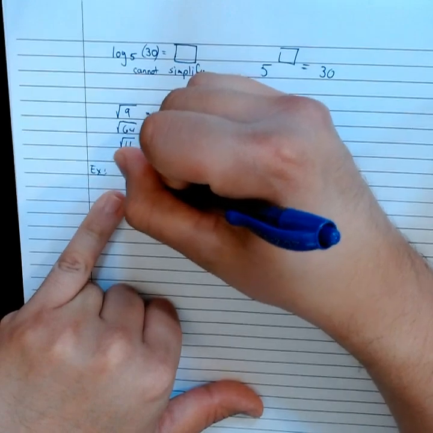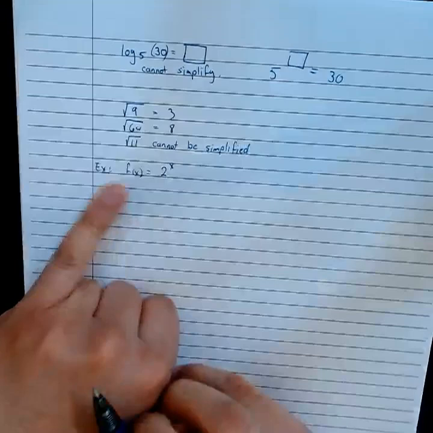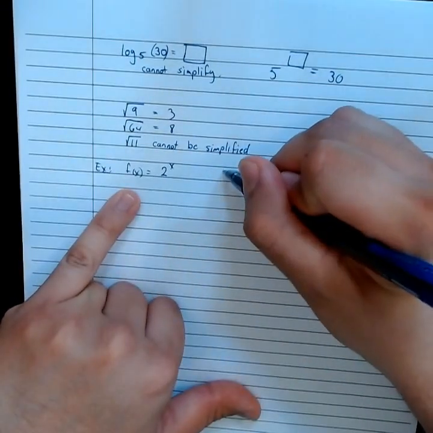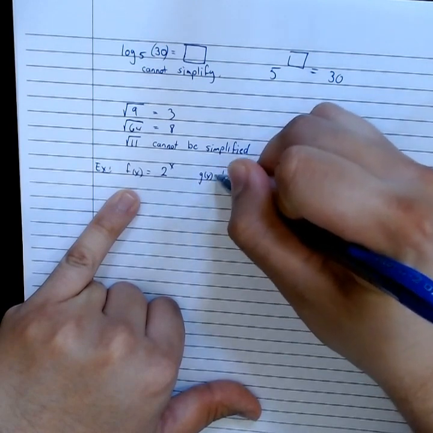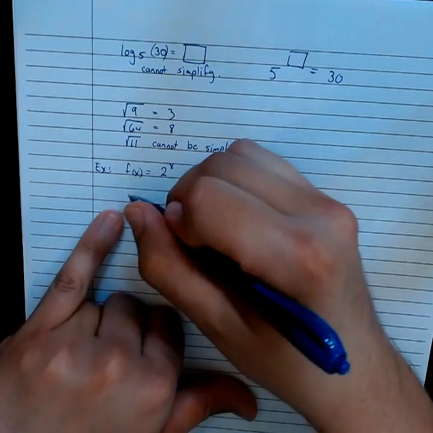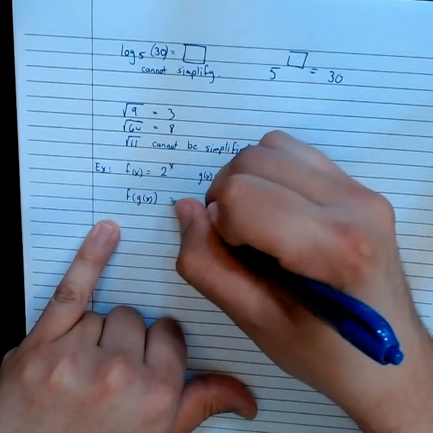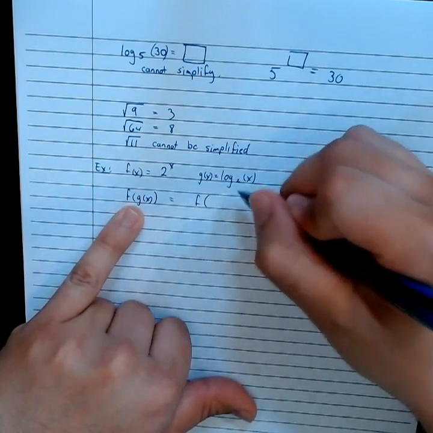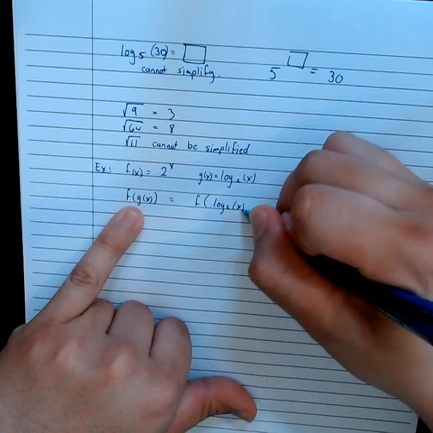So let's say we have a function f of x is equal to 2 to the power x. So we have an exponential function. And then let's say I have another function, let's call that g, that's equal to log base 2 of x. Now let's say I compose these. If I have f of g of x, well, I know g of x is log base 2 of x.